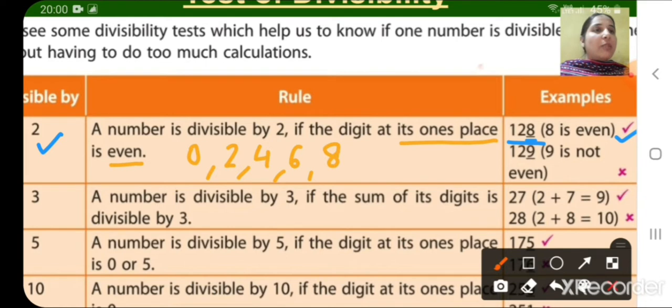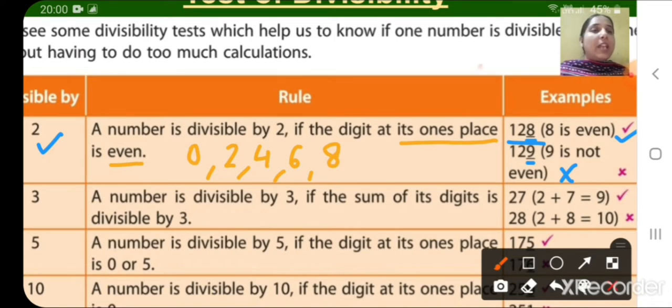But if you see one more number like 129. Now look at the digit at the ones place here, which is 9. So 9 is not an even number, isn't it? It is an odd number. So 129 will not be divisible by 2. Okay. So you understand which number will be divisible by 2.